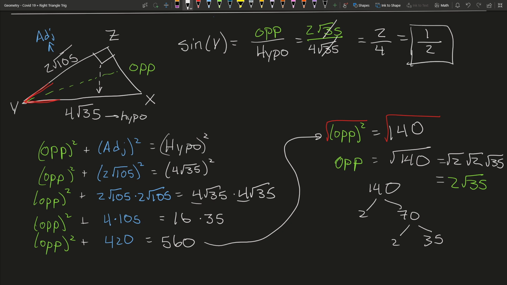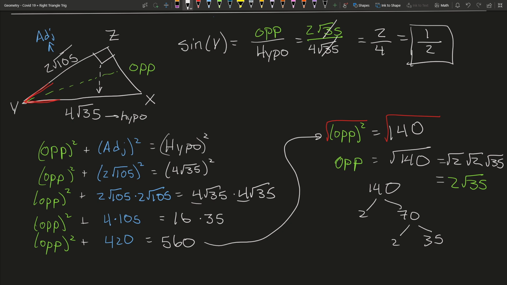And then that is all the work that would be done. Okay. I realize that is a lot of work, but there are 3 things I'm expecting to be able to do. Identify parts of a triangle and use triangle trig. Use the Pythagorean theorem and deal with radicals. Okay. This problem covers a lot of that.